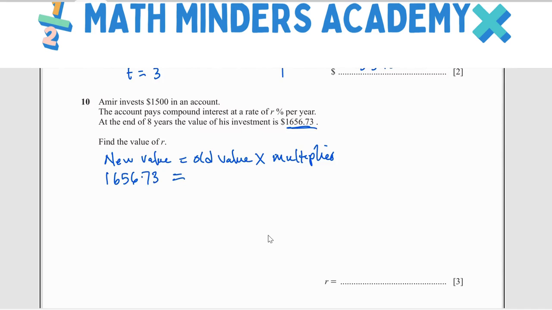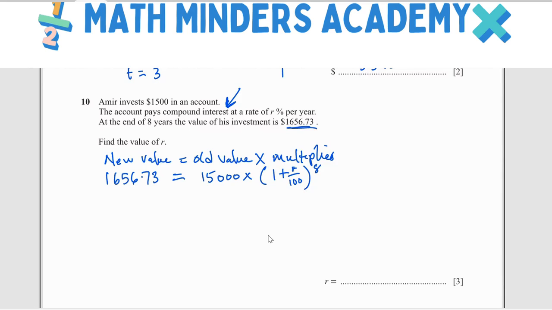The amount invested will be our old value. Now, we need our multiplier here. Because this is interest, that means the money increased. So we are going to use 1 plus R over 100. Okay, we use plus here because the money increased over a period of 8 years.